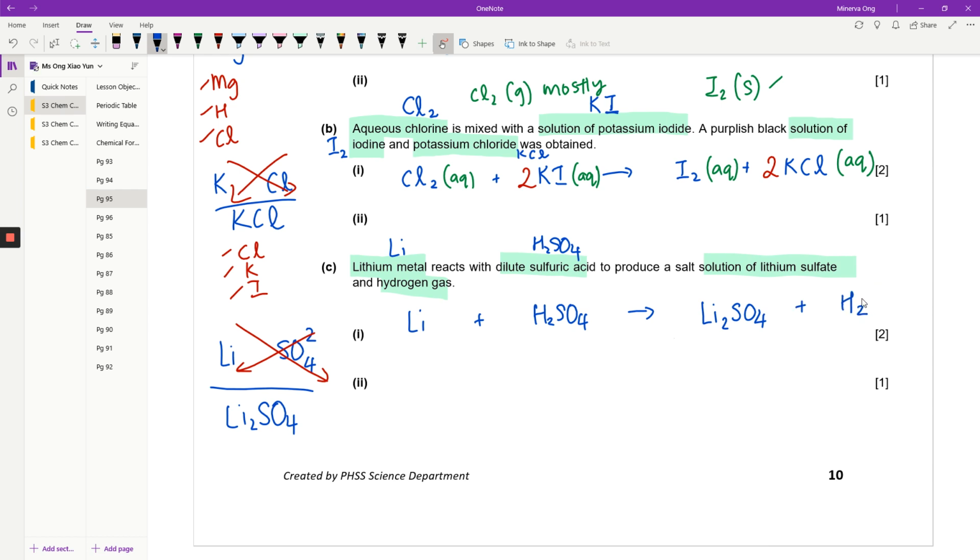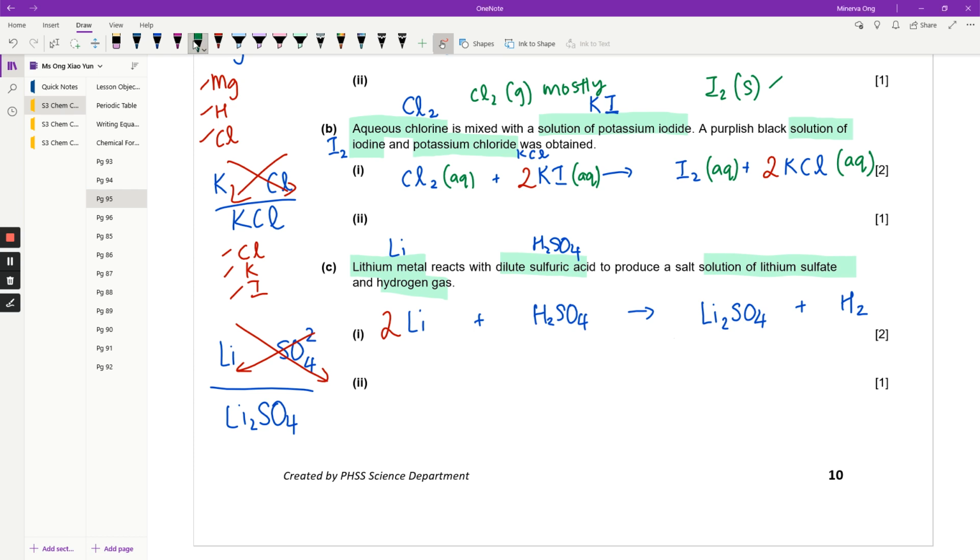So after you add in the balancing, this is a quick balance. 2 lithium on both sides, H2, and the SO4 is 2 minus.